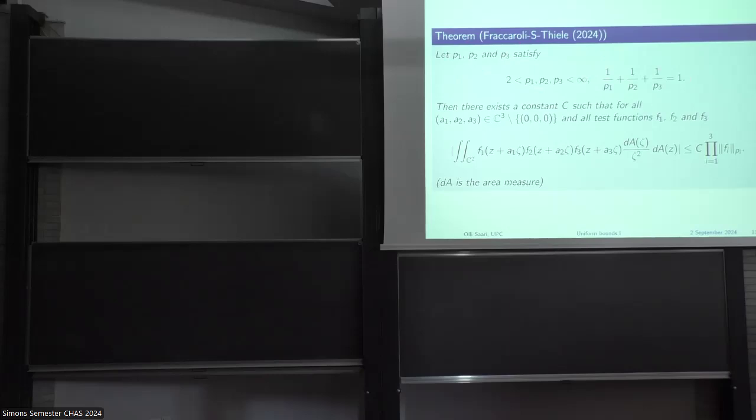And for this triple of exponents, we have a constant, so that when we take any triple of non-zero complex numbers and any triple of test functions, we can look at this duality form of the bilinear Hilbert transform with these 3 numbers or matrices, and we have the bound we are looking for.